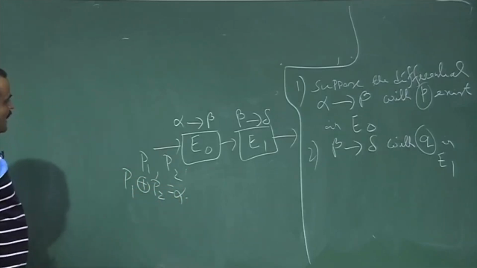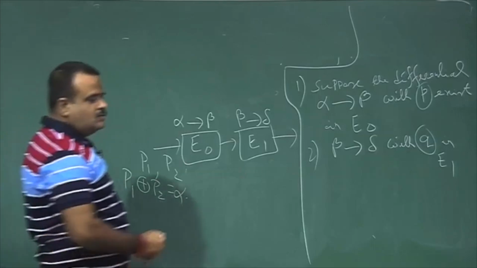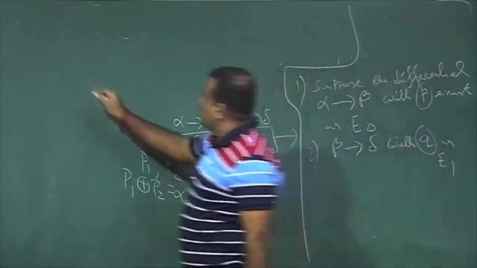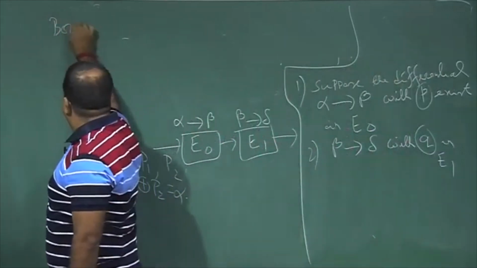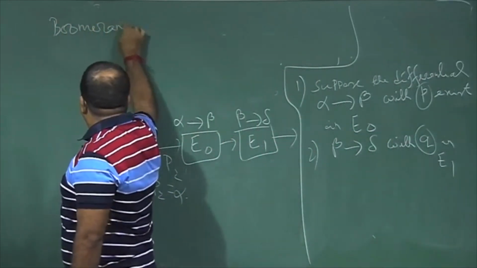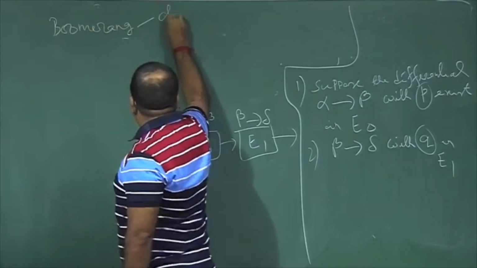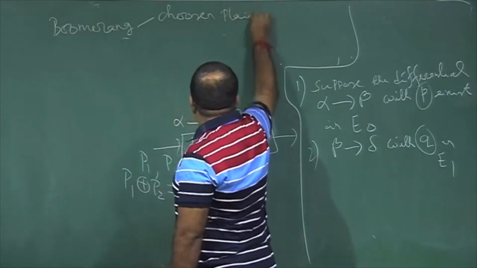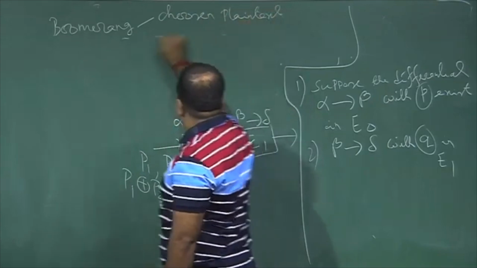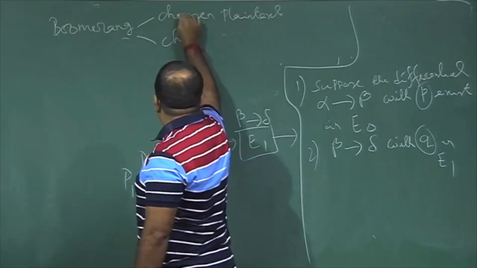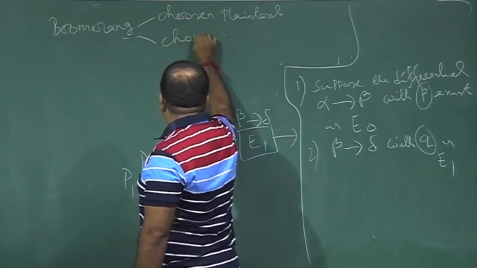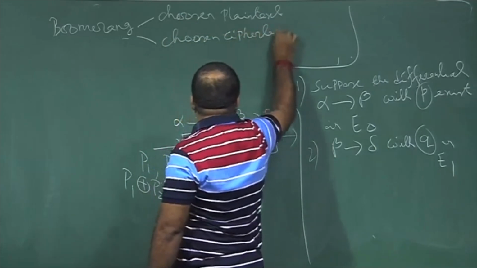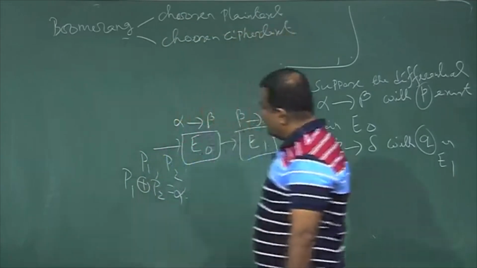This is a chosen plain text attack, and not only that, it is also a chosen ciphertext attack. So, this boomerang attack is chosen plain text as well as chosen ciphertext. Why chosen ciphertext will come in a moment.